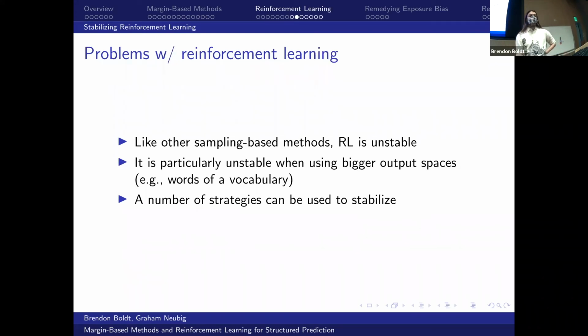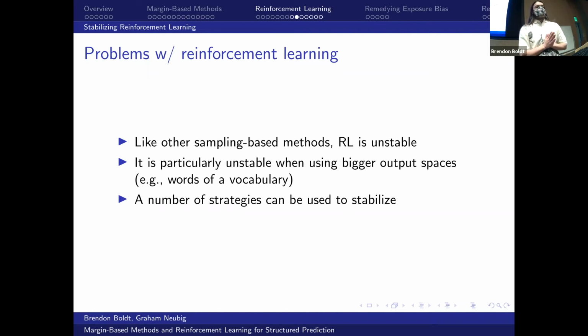And so on top of credit assignment and the difficulties that presents, as with other sampling-based methods, reinforcement learning is unstable. Or maybe here I should have put policy gradient, though reinforcement learning does involve sampling as well.